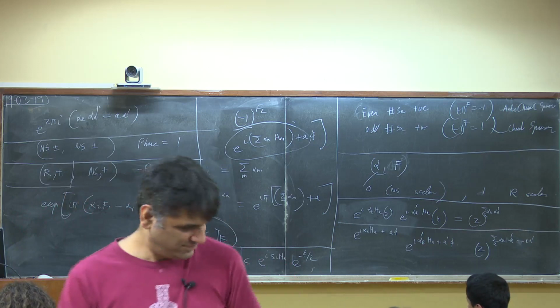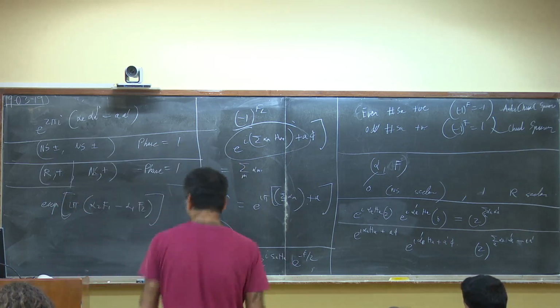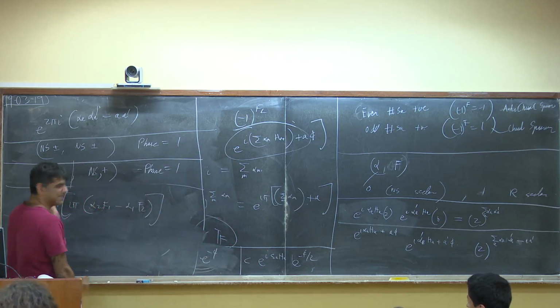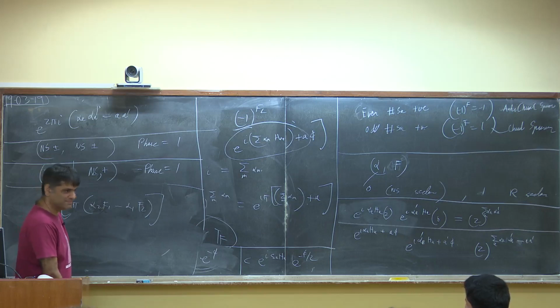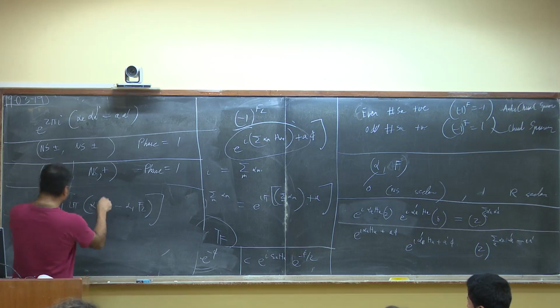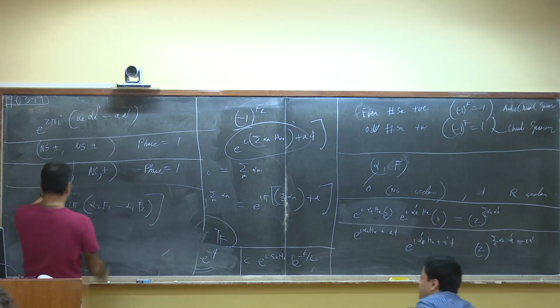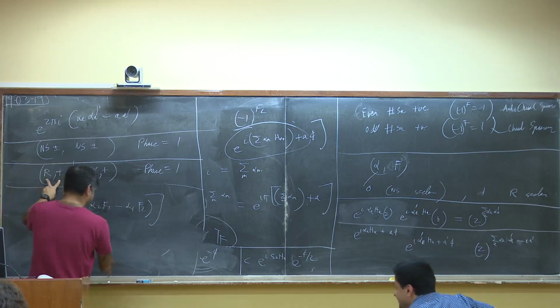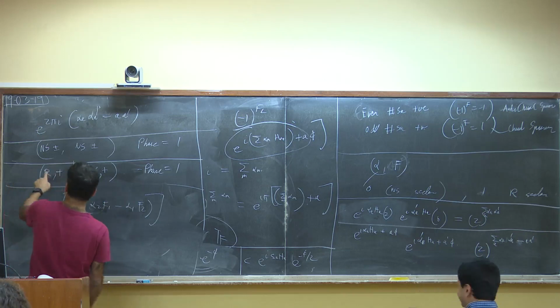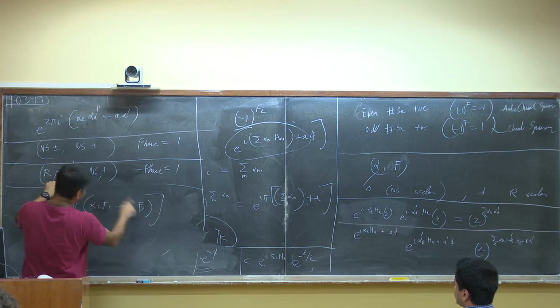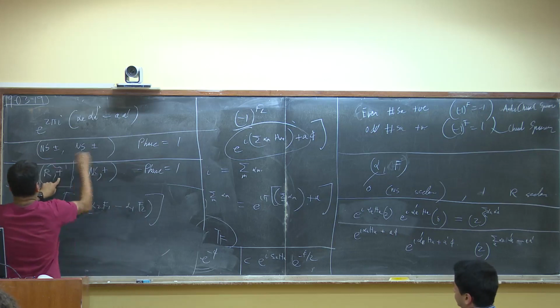The other thing we've checked is R plus, where plus means f equals 0. Let's call this one 1 and this one 2.